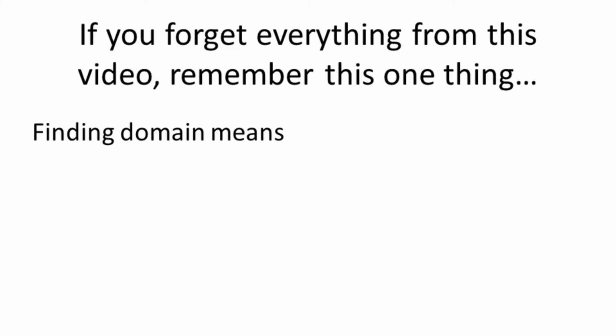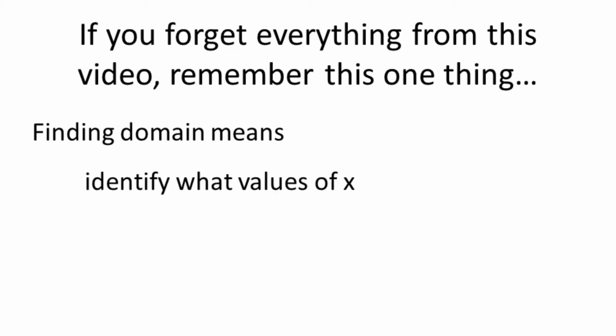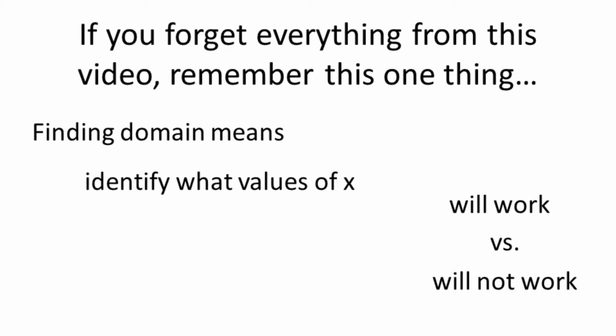So before we get into the example problems, keep in mind this one thing: the true purpose and the basic question behind all finding domain questions. Basically, you are asked to find all the x values that will work versus all the x values that will not work. Now, what I mean by work or not work is that x values will work if you plug in the value into the function and it spits out another number. It generates a new output, the actual number.